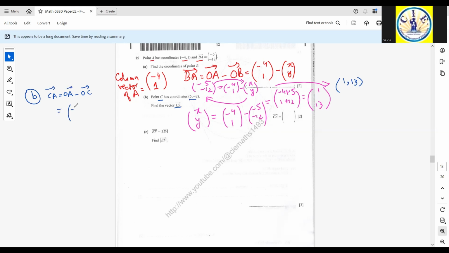That was -4, 1 for A, and for C, we have got the coordinates 5, -2, and writing them down in column vector form, I get 5, -2. This is -4 minus 5, 1 plus 2. This is -9 and 3. This is the vector CA.